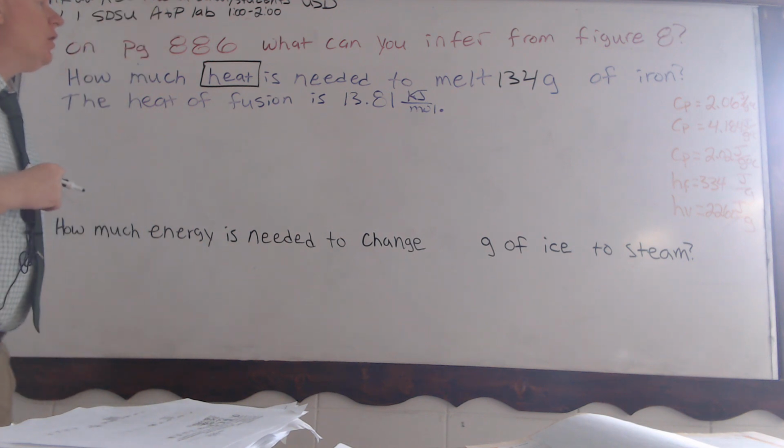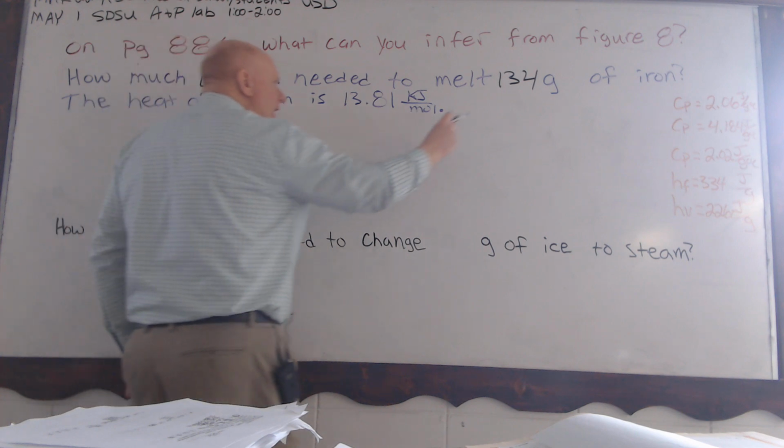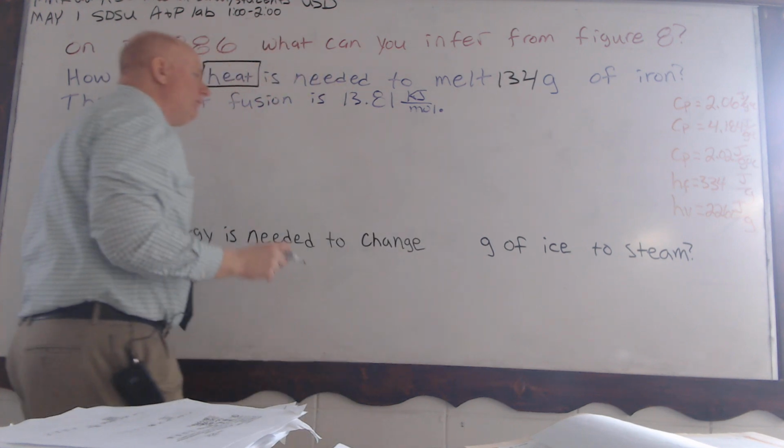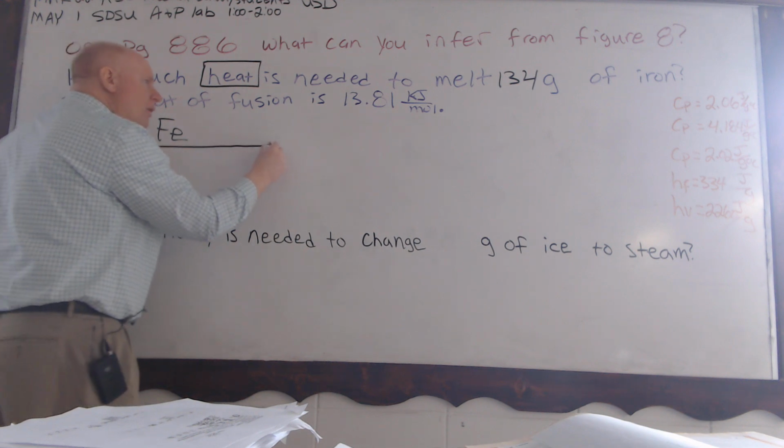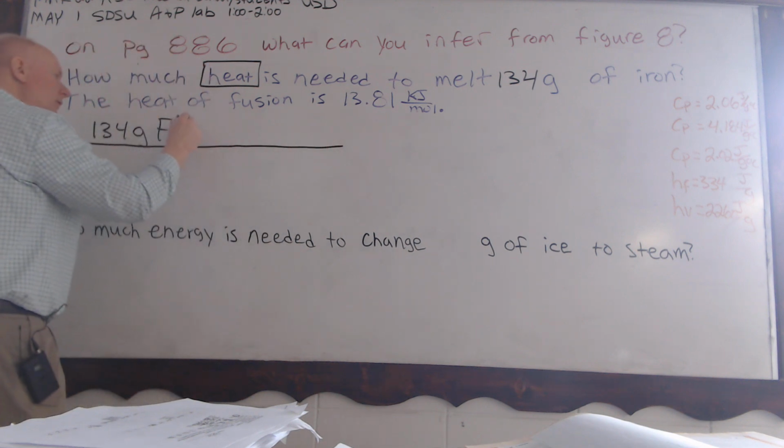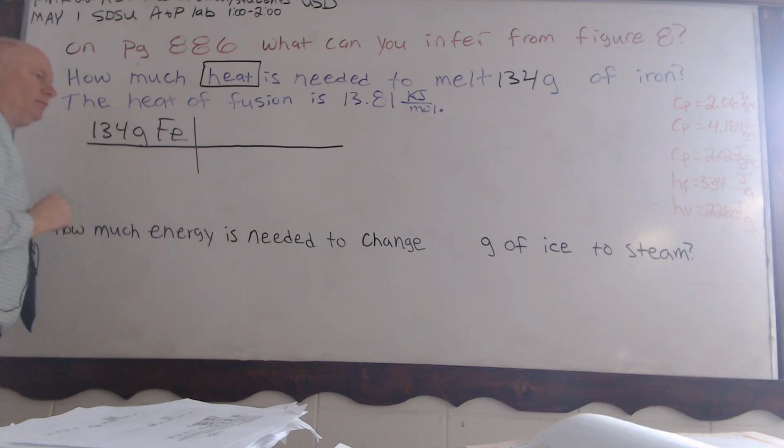Okay, so how are we going to do that with a gram then? 134 grams of iron. Divided by, what is it, like 55 point something? Okay, so how are we going to get this into moles? Divided by 55. Okay.